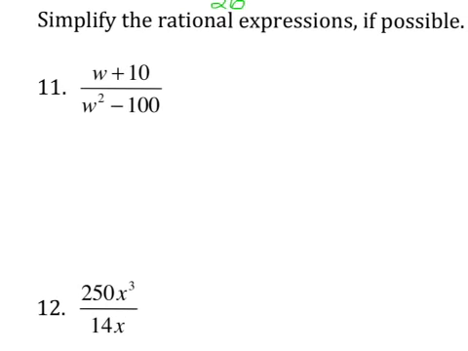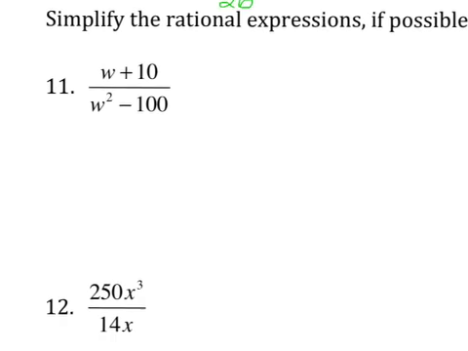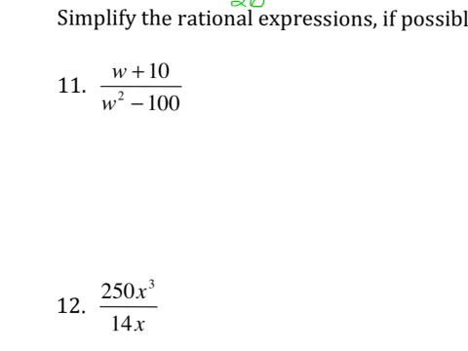Moving down to simplifying rational expressions and identifying the excluded values. So we have w plus 10 over w squared minus 100. So since we see w squared minus 100, we want to factor that.